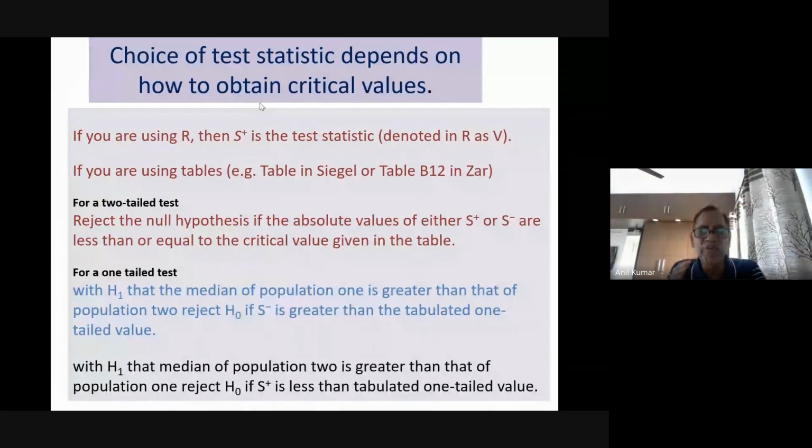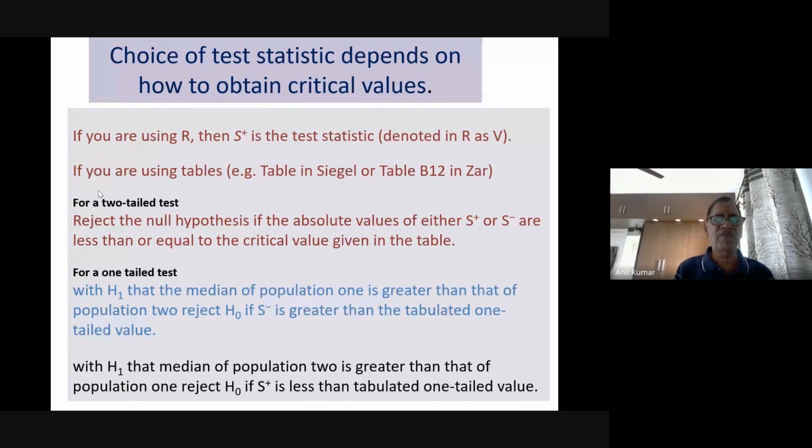Two, three more important aspects are there. I'm just sensitizing you, because it will not be possible to discuss all these things during this session. Think of one tail test and two tail test. Certain tests are one tail tests, certain tests are two tail tests.